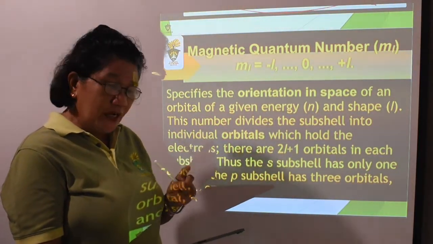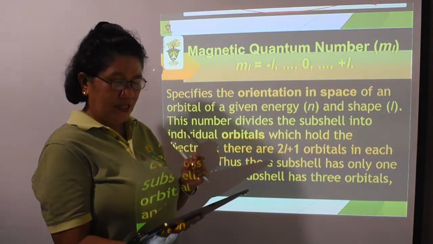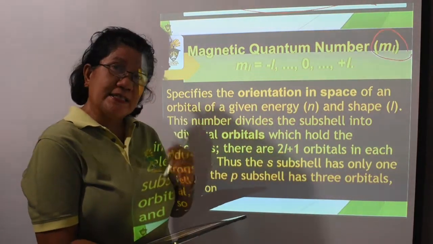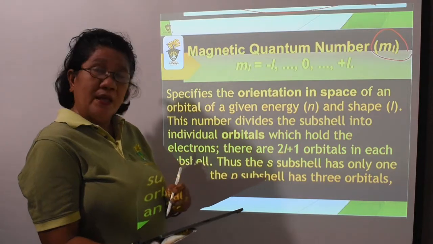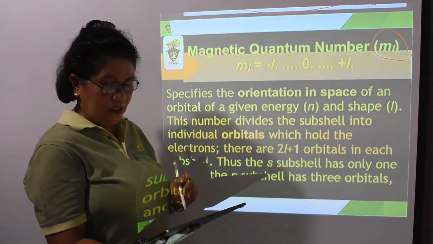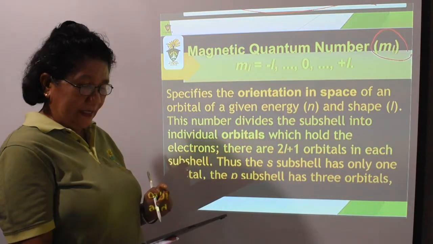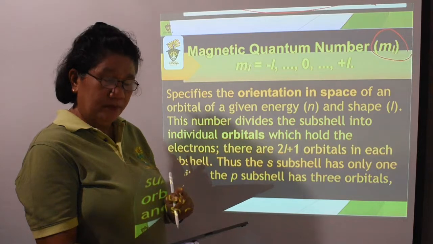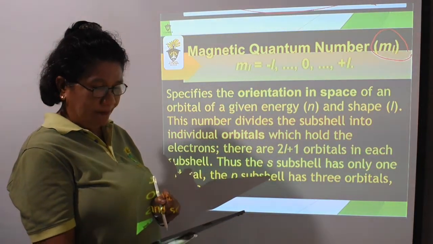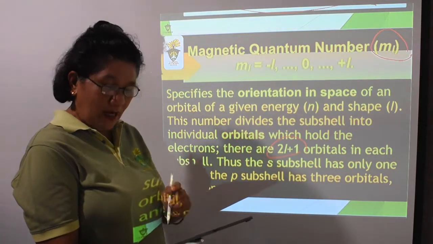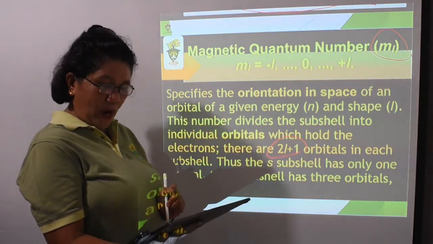So, the third quantum number is known as the magnetic quantum number, which has a symbol of M sub L. M sub L specifies the orientation in space of the orbital in a given energy and principal quantum number, and also the shape. It has this formula, 2L plus 1.